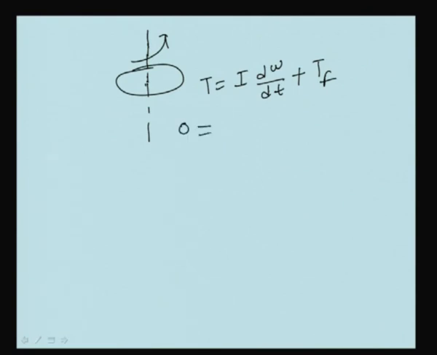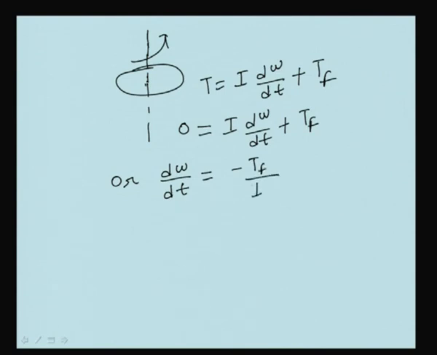Therefore, the equation of motion is 0 equals I d omega by dt plus Tf, or d omega by dt is equal to minus Tf by I. So that means if you plot omega versus time curve, you can take the slope of that, and by that you can find out the friction torque.